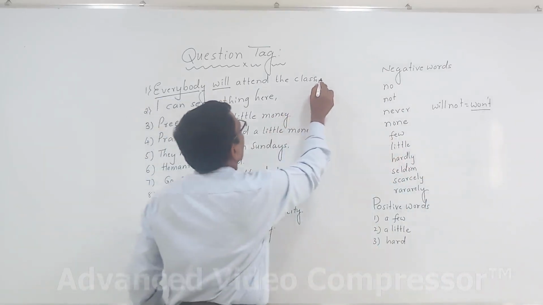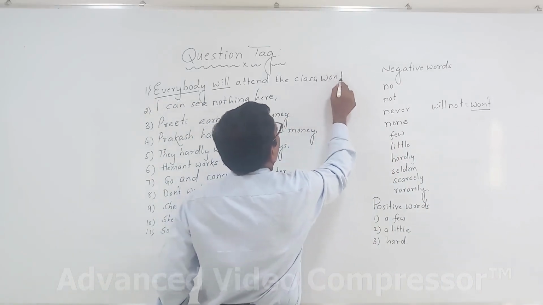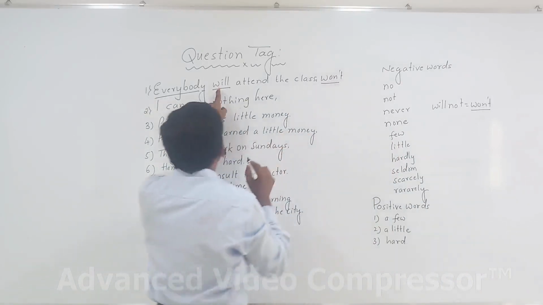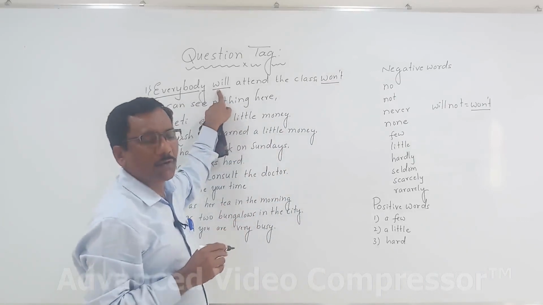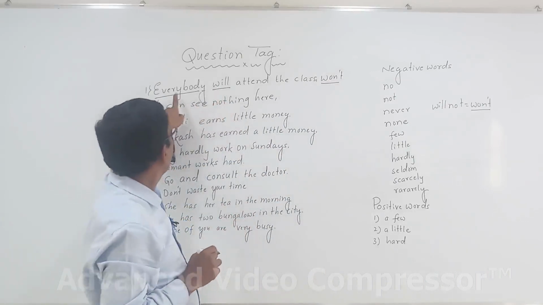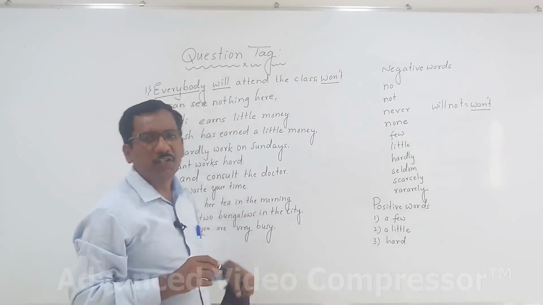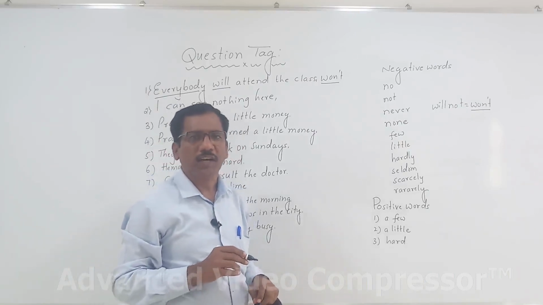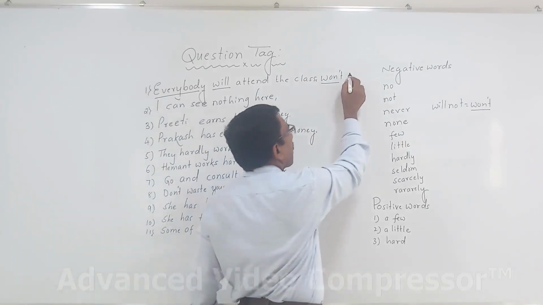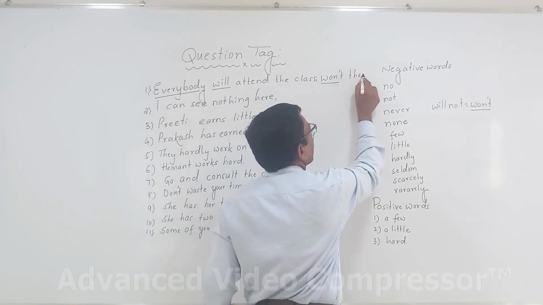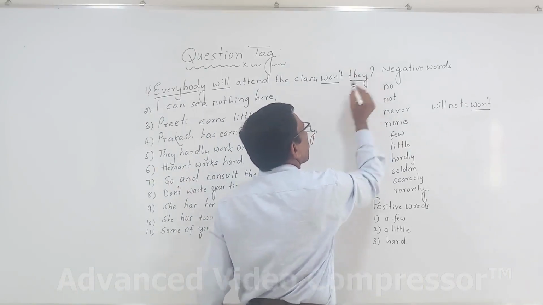Won't is the short form of will plus not. Now the question comes to our mind, instead of everybody, which pronoun is to be used in the question tag? Instead of everybody, we have to add the pronoun they.